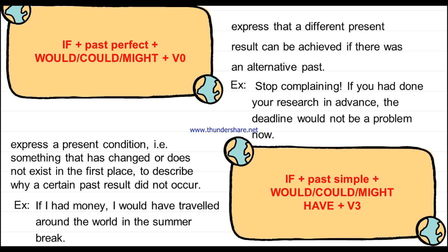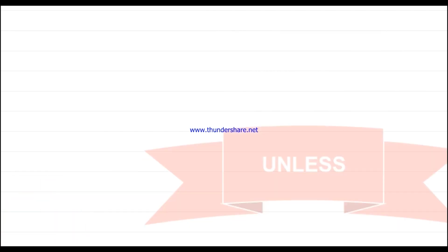For example, if I had money, I would have traveled around the world in the summer break. Like if the speaker always had the money, they would have traveled around the world in the summer break. But in reality, they didn't. They don't have the money, so they couldn't travel.